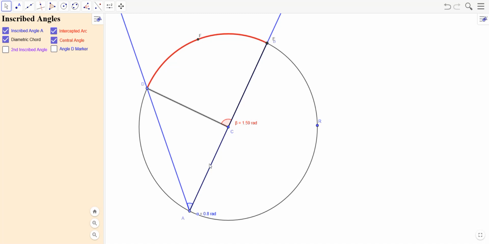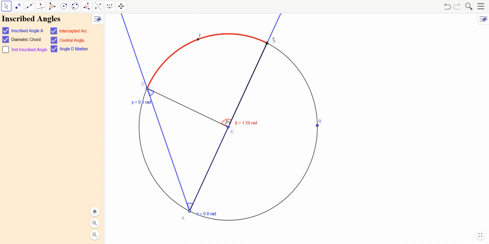So these radial segments from C to A and from C to D are congruent. So that's an isosceles triangle. So that means that the angle at D, that is ADC, is congruent to this angle down here at A, that is DAC.